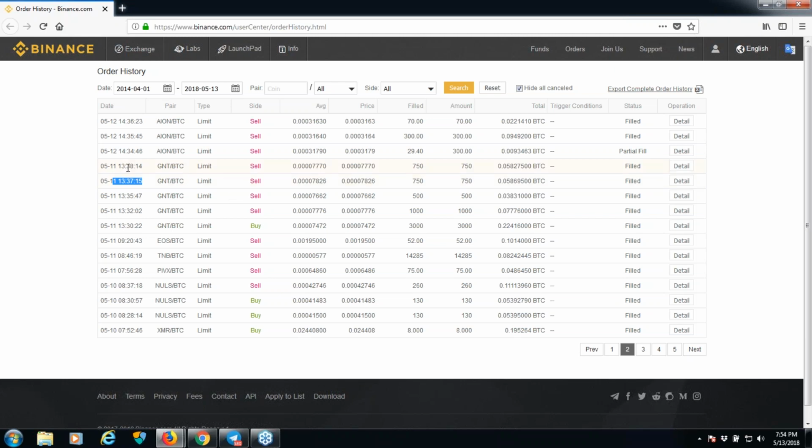Then another order within the minute to sell another 750 at 77.70, so 4.7%. Those orders were set, and straight away I'd done all 4 sell orders at different prices. I started at 3.3%, and went up to 4.7, 4.8, and 5.5%.